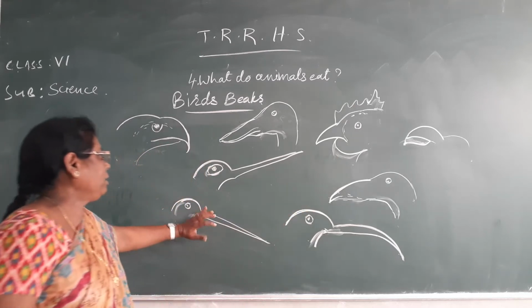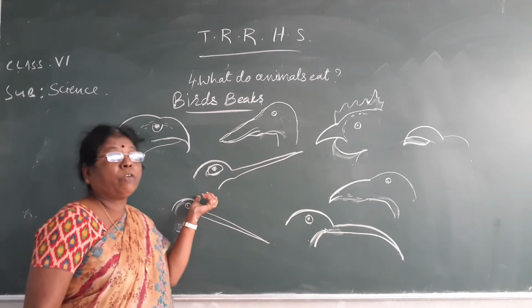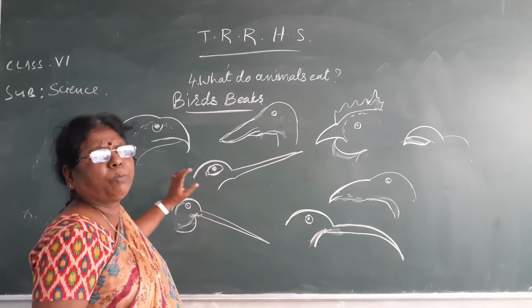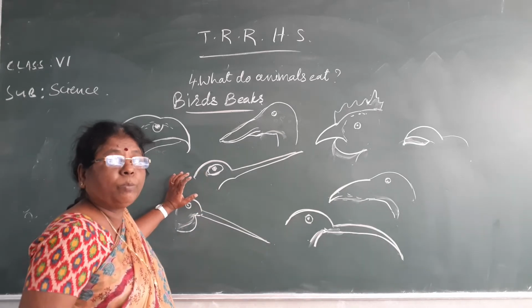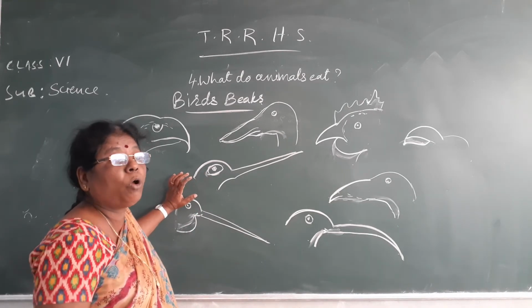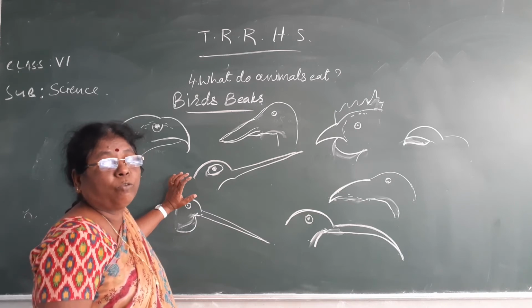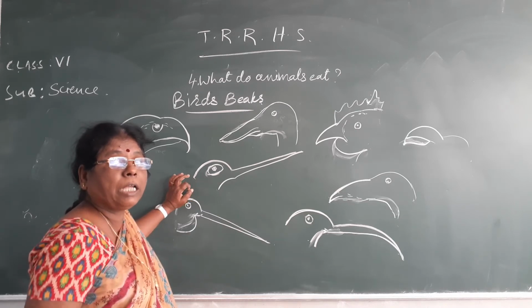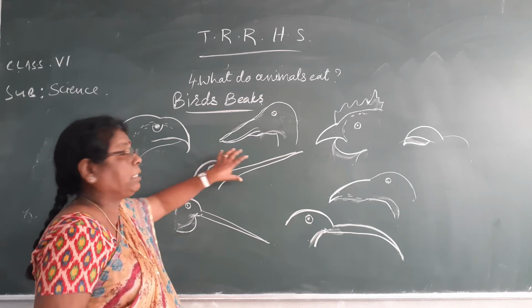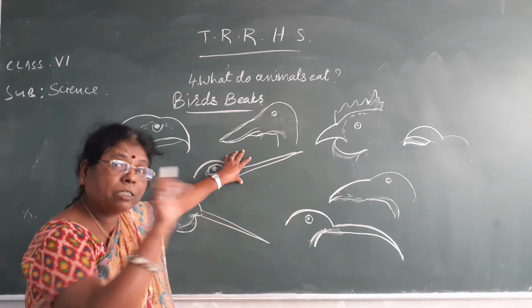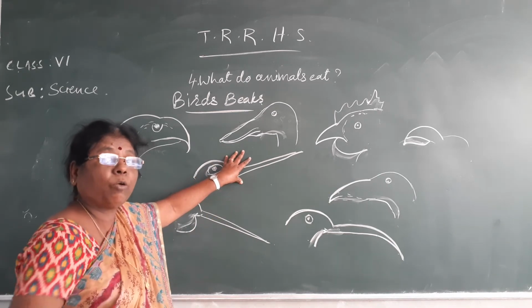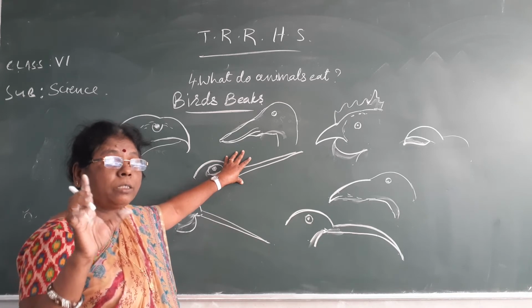Now you are seeing a woodpecker. The woodpecker has a very long and strong beak. Pecker means making a hole in the trunk of a tree. The trunk of a tree is very hard. It removes the bark of the tree with the beak and sends the beak into the hole it makes. Just imagine how strong the trunk of the tree is.